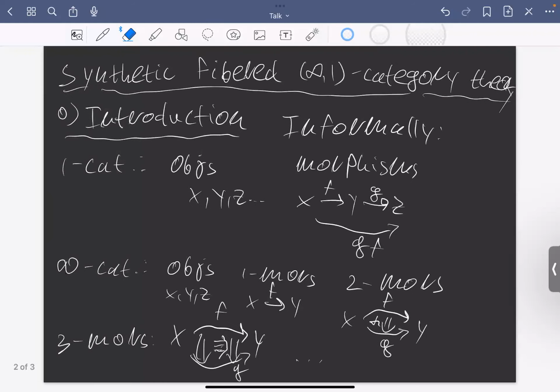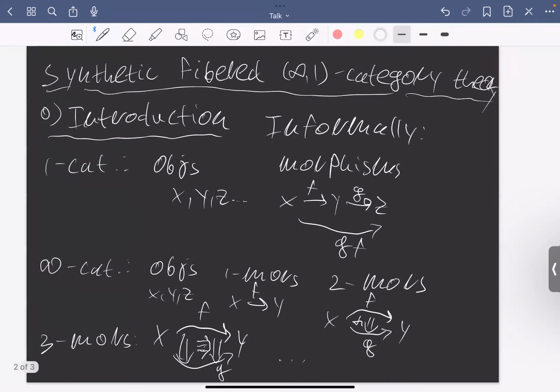Okay, so in our setting, I have said naively now, what is the point of infinity categories versus one categories? And there's a way to qualify this dimensionality of morphisms any further. That's what the infinity one means.